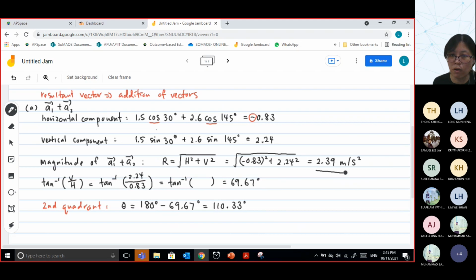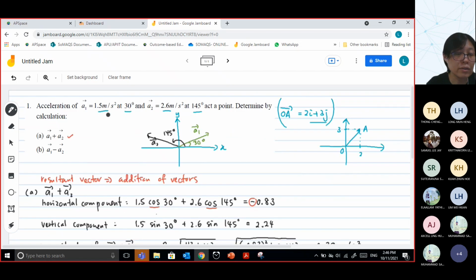This is the angle for the resultant vector A1 plus A2, and the magnitude is 2.39. So that means A1 plus A2 is 2.39 meter per second square at the angle of 110.33 degree.